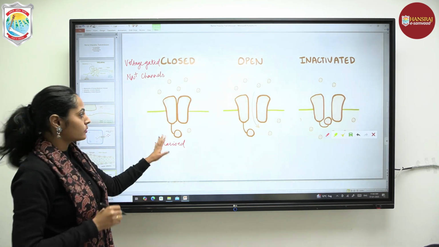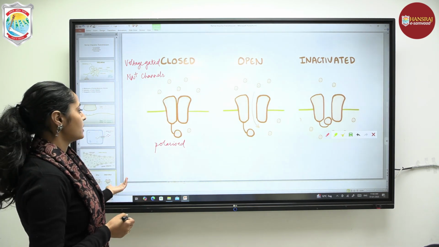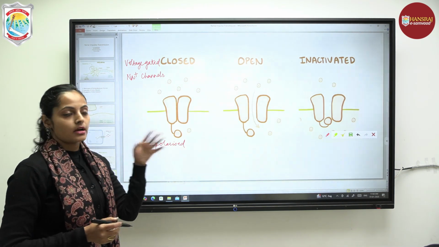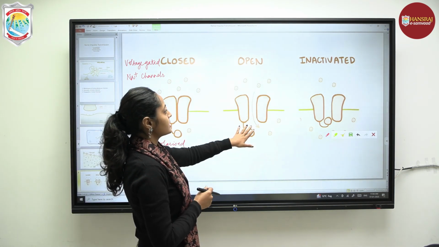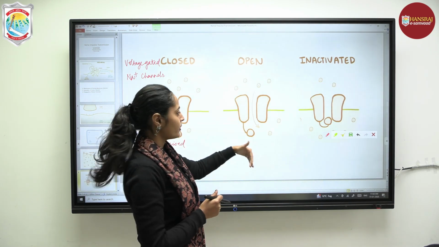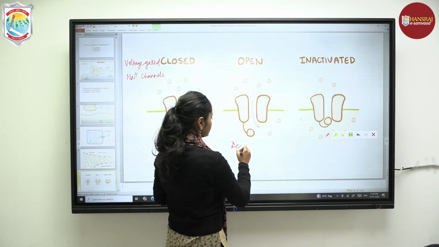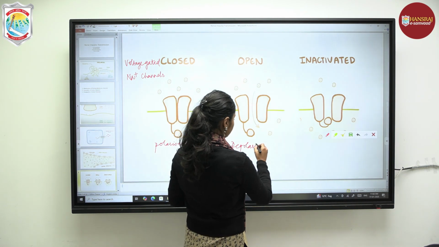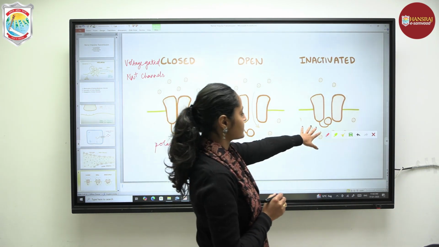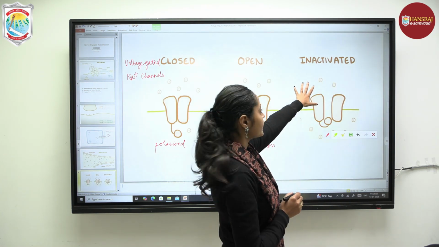So the channel was closed, there was no influx of sodium ions via voltage gated channels; leaky channels are open throughout. The next state is that voltage gated sodium channels are open, so sodium can move in. This happens during depolarization. And the third state is inactivated.